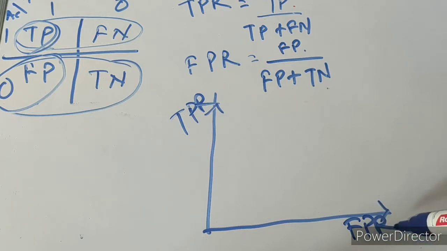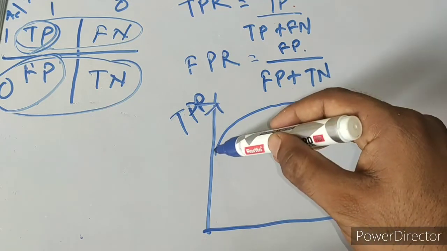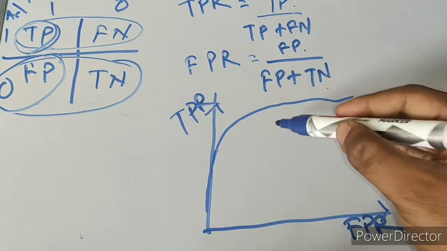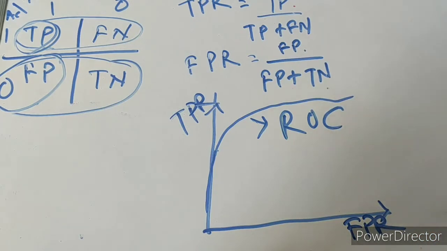That is false positive rate. Then suppose we get a graph like this. This graph is known as the ROC graph, ROC curve. So we need to understand how the math works in the ROC curve.